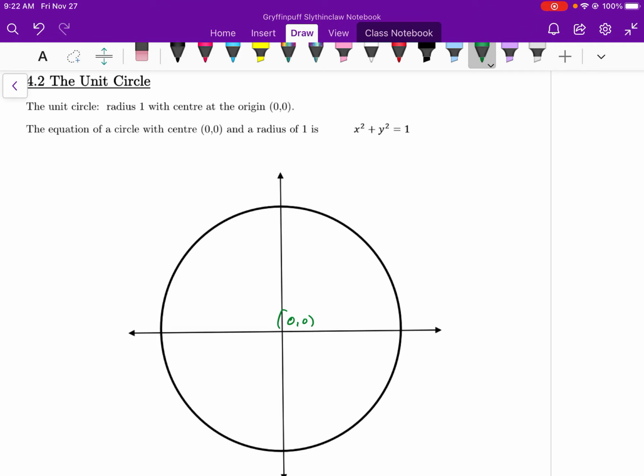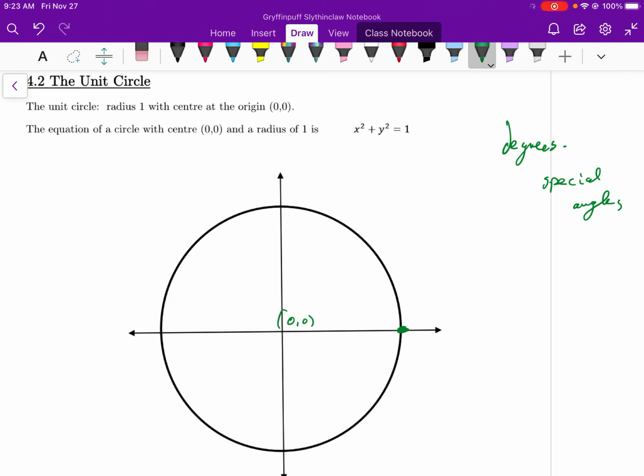So if I have the center at 0, 0, now I'm going to make one circle. I'm going to make this circle in degrees, if that's okay with you. I am going to approach this in terms of degrees, and I'm going to deal with the special angles, the angles that we know.